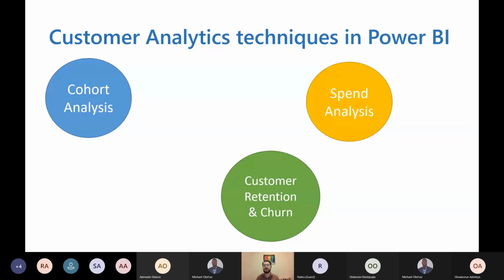Now, we've also got spend analysis. Typically when we think about our customers, unfortunately, not all customers are created equal. You may have some customers that are making very few purchases and they're not spending much when they make those purchases. And you may have other customers who are spending a lot of money and spending that money very regularly with your business. So in order to ensure that you've got a stable customer base, these high revenue customers are very important.